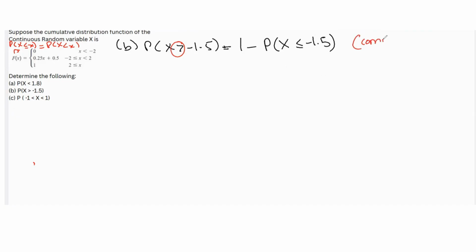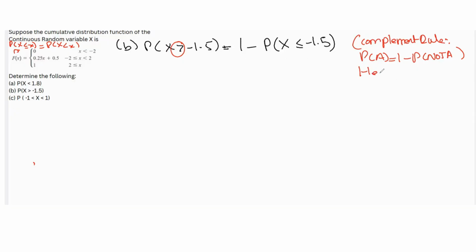The complement rule tells us the probability of A is 1 minus the probability of not A. So basically the probability x is greater than -1.5 is 1 minus the probability x is less than or equal to -1.5.